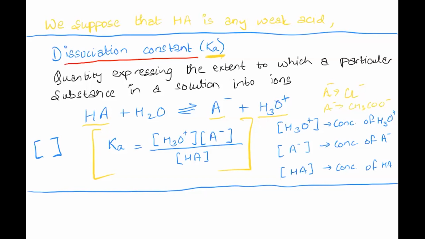Now we know what happens when we mix acid into water. We also know what happens when bases are mixed into water. We have identified that all acids generate hydrogen ions, and all bases generate hydroxide ions.